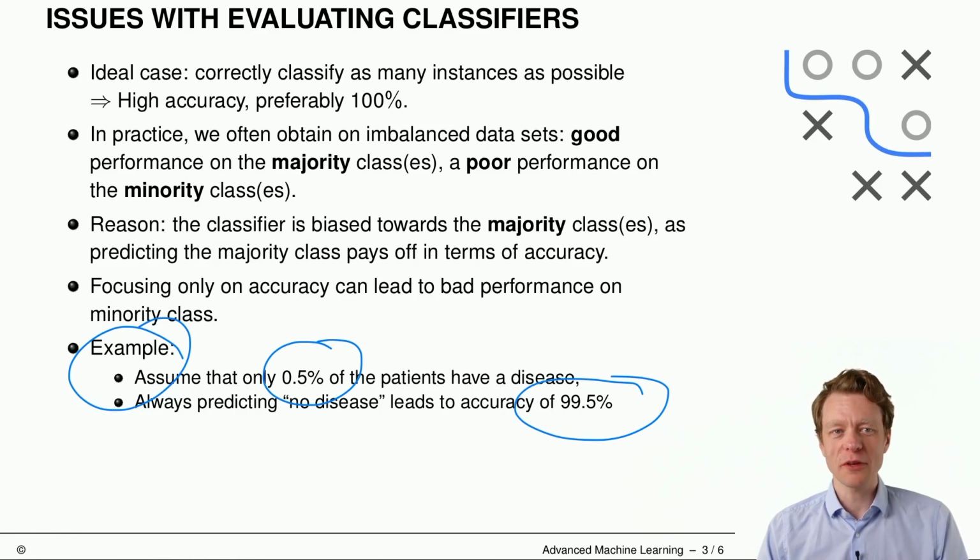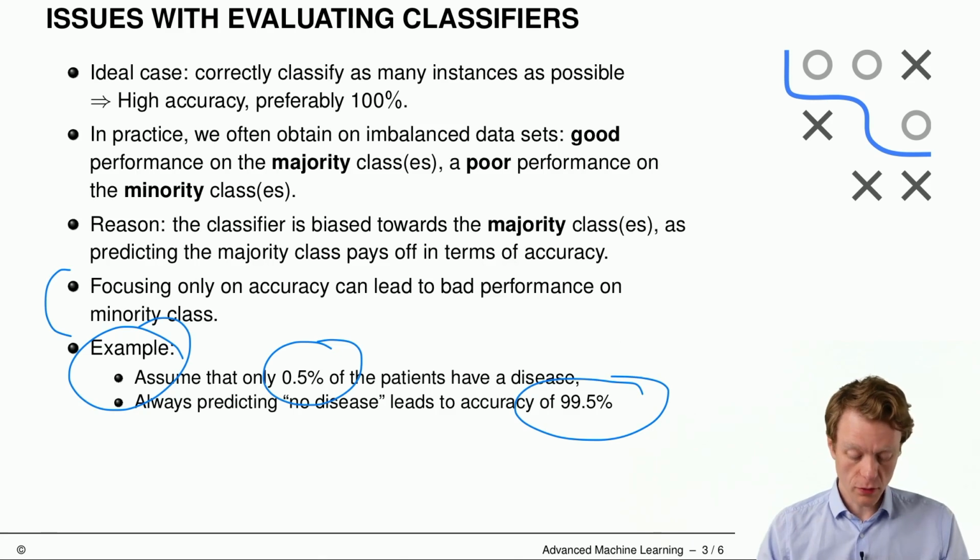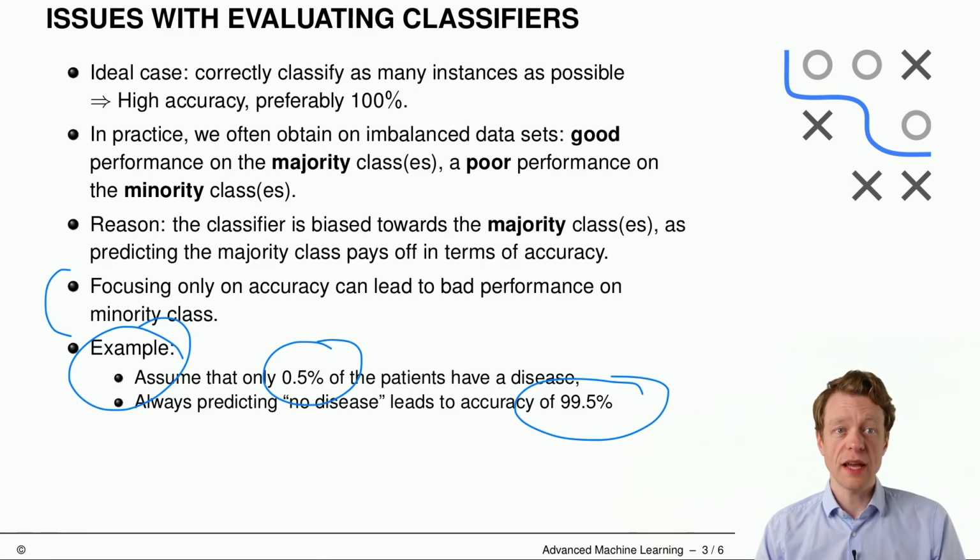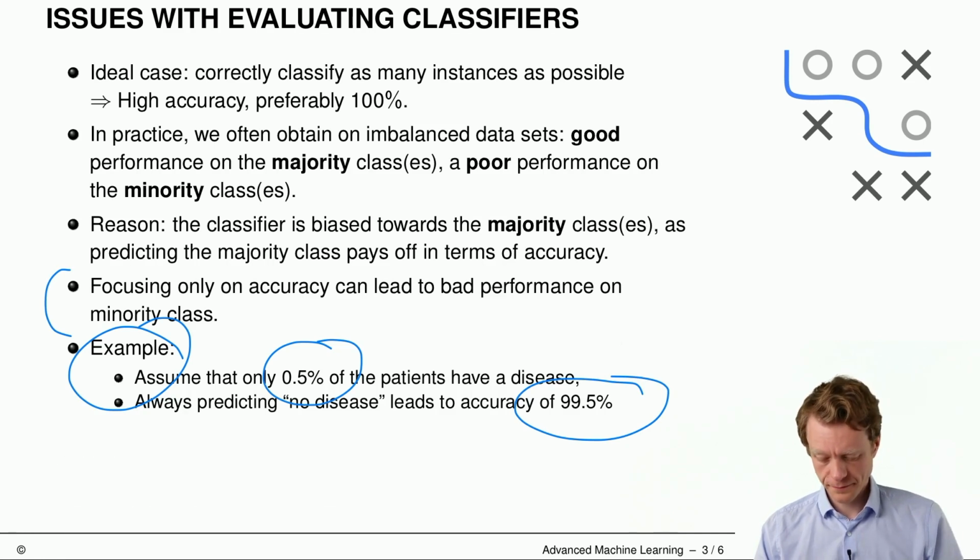But of course it's not, because this classifier did not learn anything about the disease. And we will overlook all the persons who have the disease, which is of course not what we want. So focusing only on accuracy can lead to bad performance on the minority class.